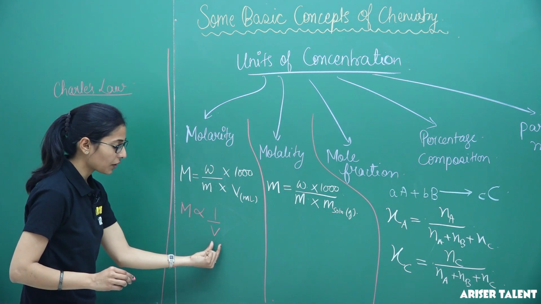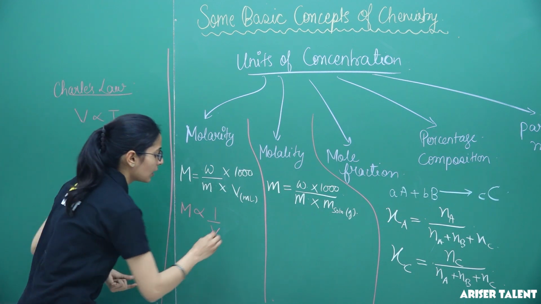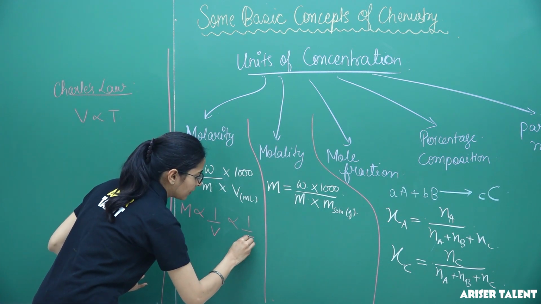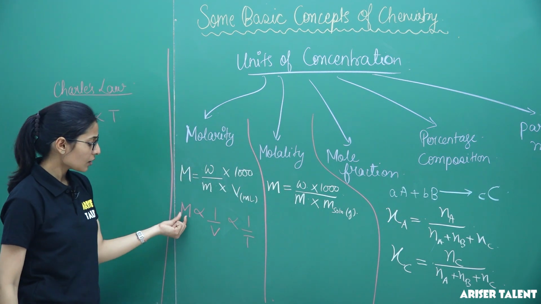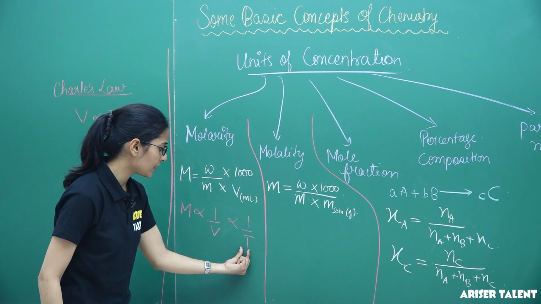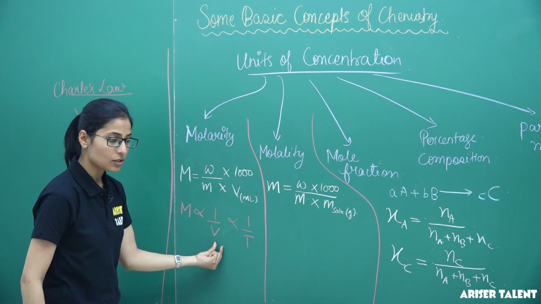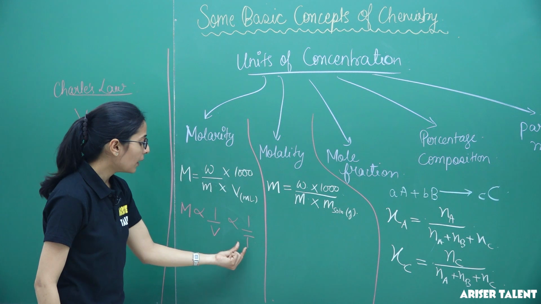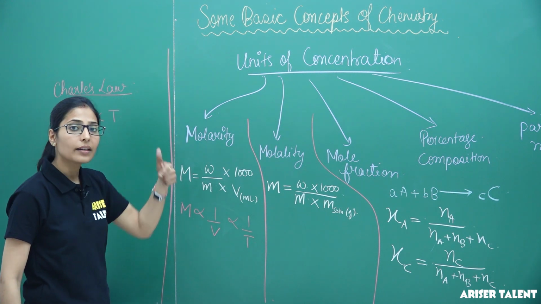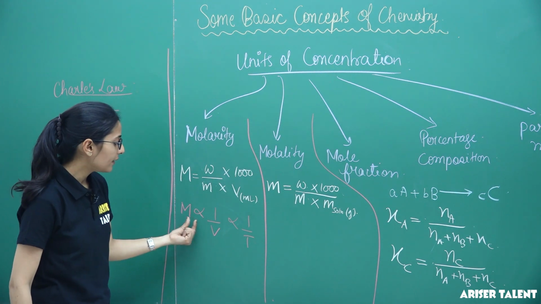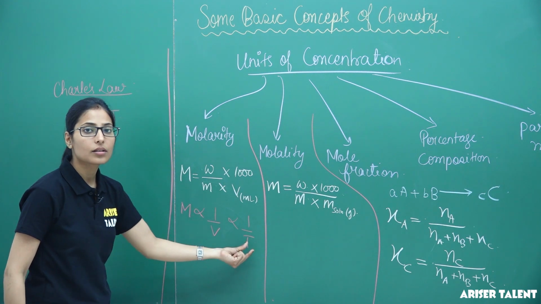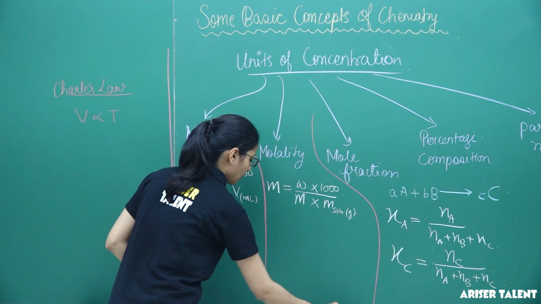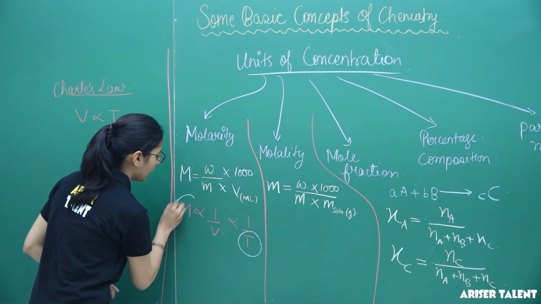Since V is directly proportional to T, here we will have a relation like this. So, when the temperature increases, the volume of the solution increases, but the molarity of the solution decreases. So, molarity and temperature are inversely related. This is T and this is M.